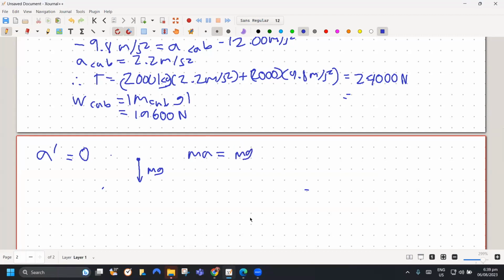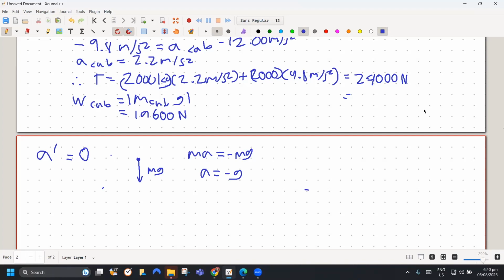Which means, ano yung acceleration ng object? Ano ba yung direction ng MG? MG is going downwards. Or A is equal to negative 9.8.